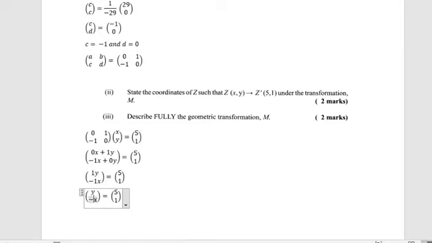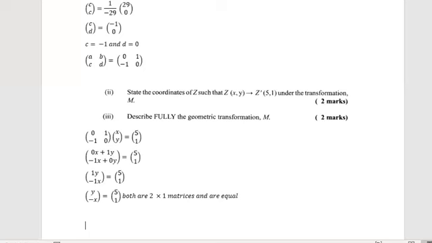So equating the corresponding entries, what we'll have is y is equal to 5 and minus x is equal to 1.